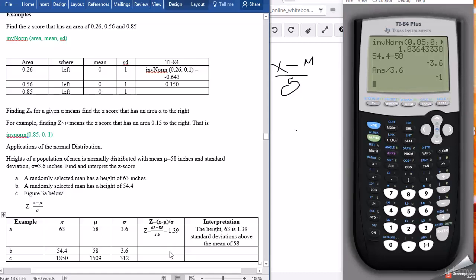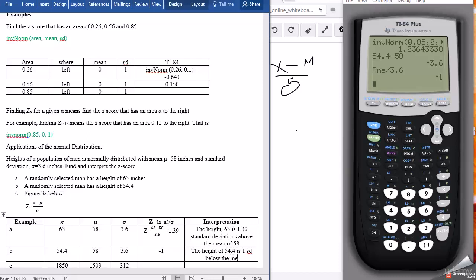So the z-score is negative 1. What does it mean? It means that the height of 54.4 is 1 SD, standard deviation, below the mean. Okay, 1 standard deviation below the mean.